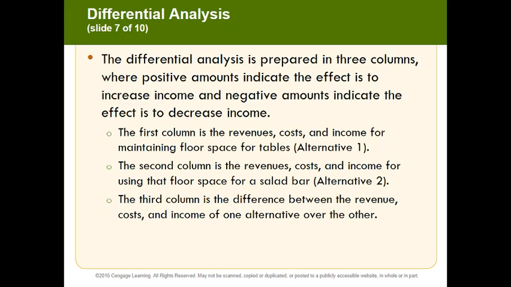The second column is the same for alternative 2, revenues, costs, and income, if we were to replace some of that floor space using a salad bar. And the third column is the difference between columns 1 and 2. So this is revenue, costs, and income compared between the two alternatives.